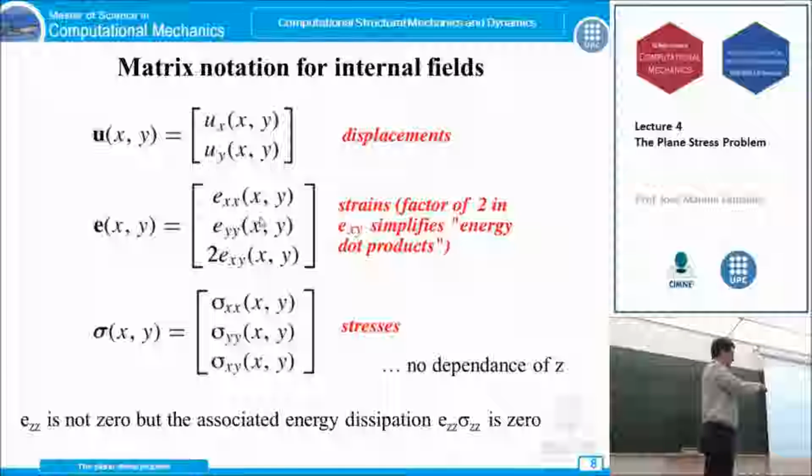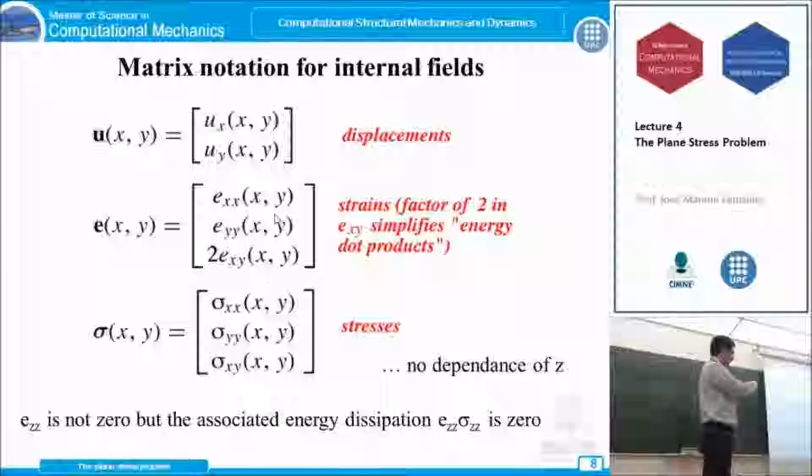The strain, once we have neglected the vertical strain, these are the strains in the in-plane dimensions, so x and y strains, and this distortion here in x, y component. This too is to simplify the dot product of energy. Remember the 1/2 here. This is just convention to write this strain deformation here with these two values, just to simplify the calculation of the energy.